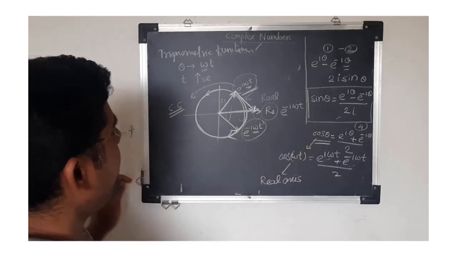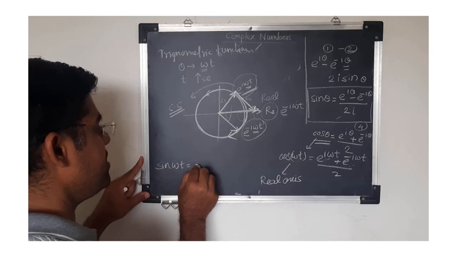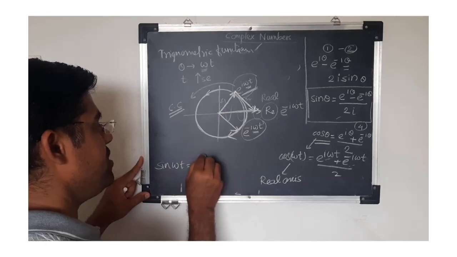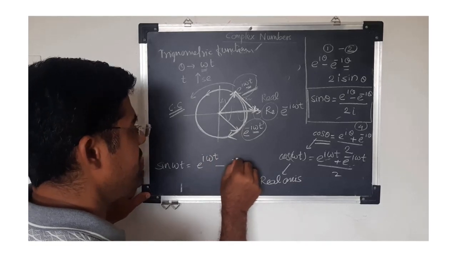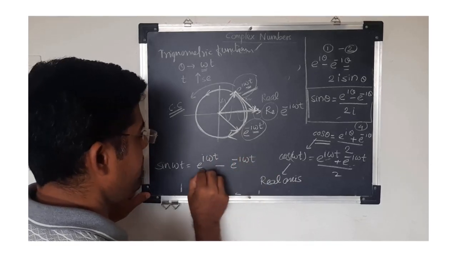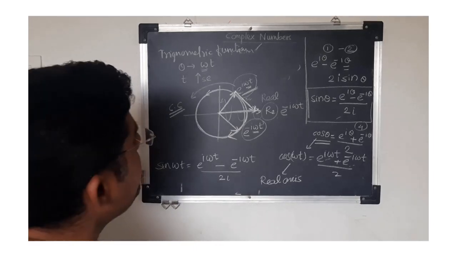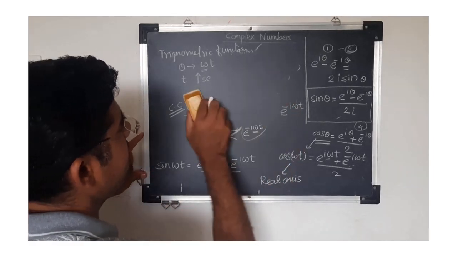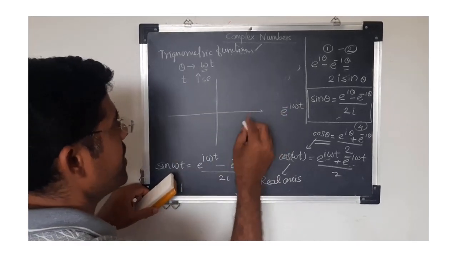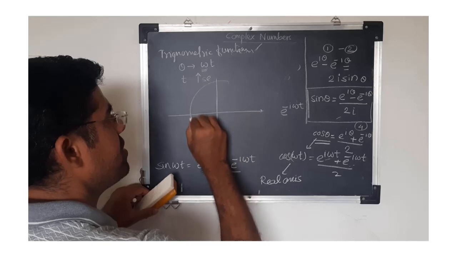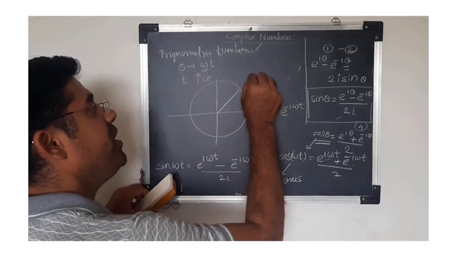What about sine omega t? This is nothing but e raised to i omega t minus e raised to minus i omega t, divided by twice i. Please remember this. This is my e raised to i omega t.